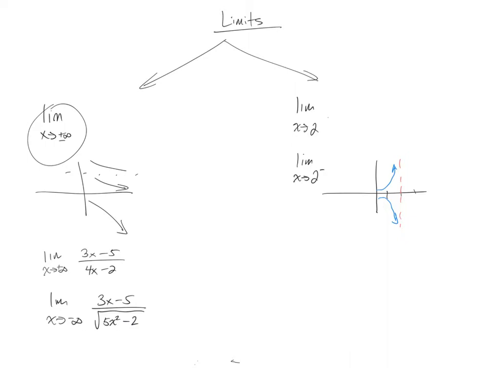So we would take this and say the limit as x approaches negative infinity of 3x minus 5, we're going to divide through by something. And then down at the bottom, you're going to divide through by something. Oops, that's a 5, not a 3: 5x squared minus 2. In the denominator, because we have this square root of x squared, we're just going to put an x squared down here and an x squared down there.